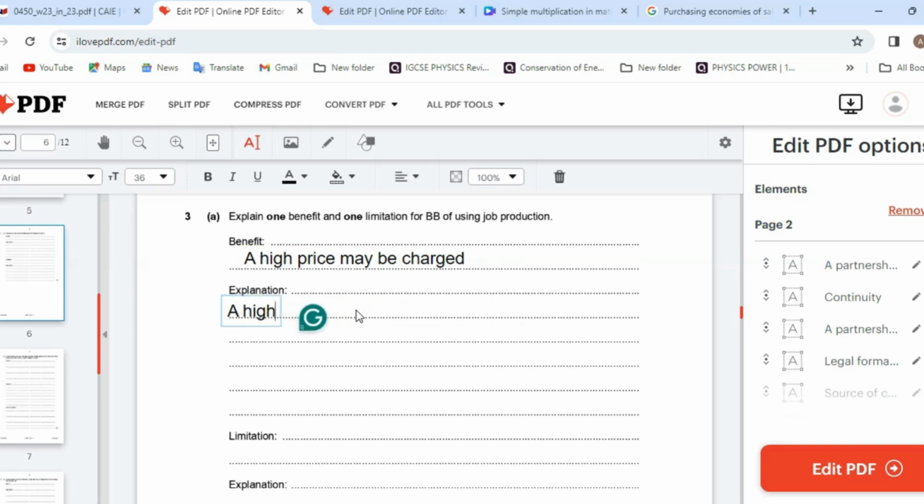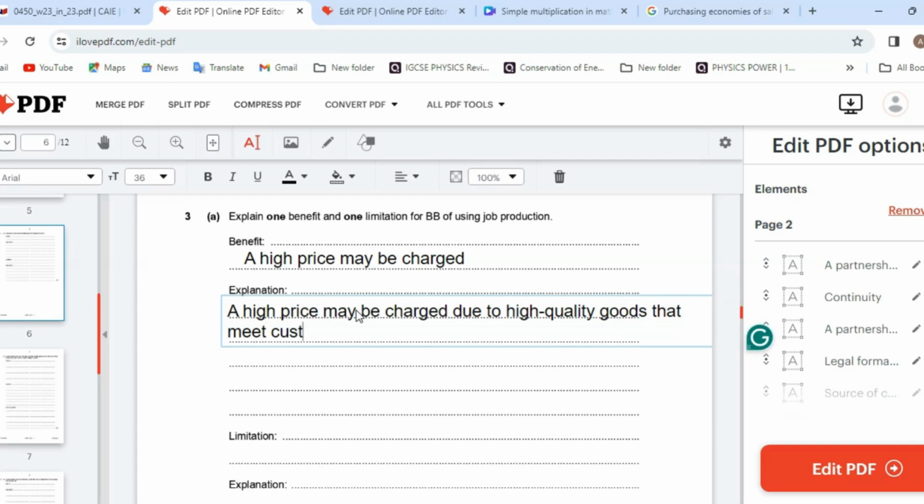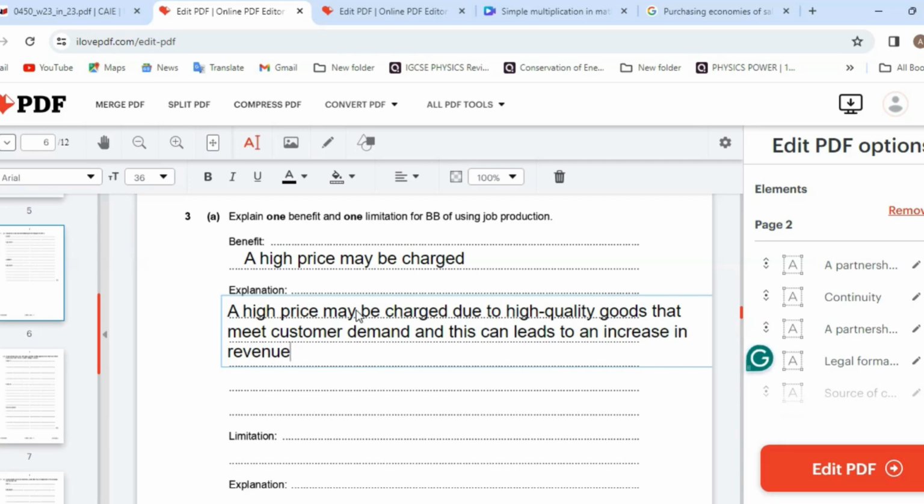A high price may be charged due to high quality goods that meet customers' demand. And this can lead to an increase in revenue.